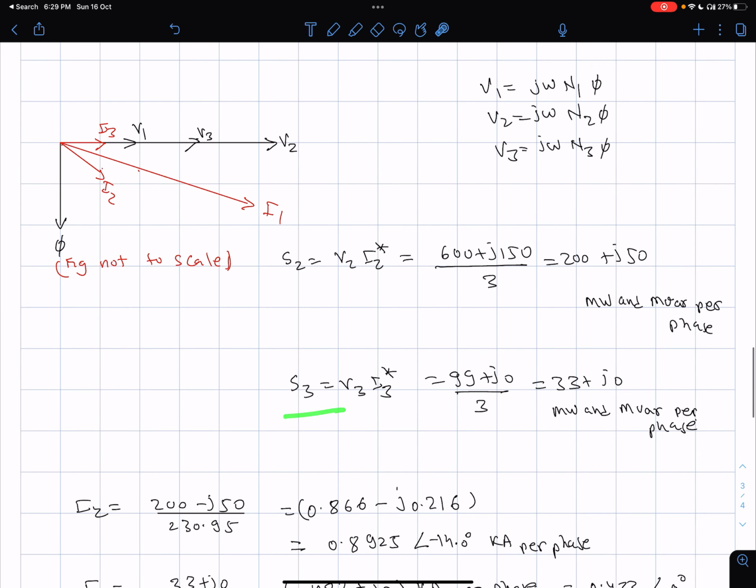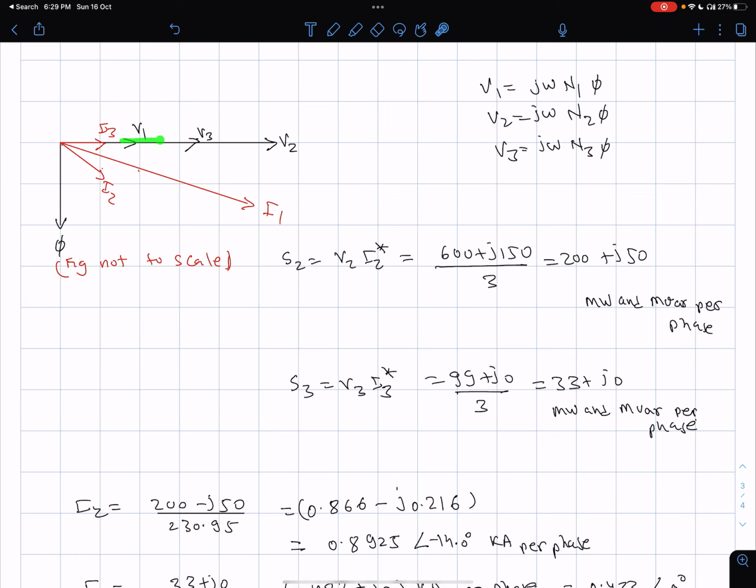So now what should you do? You just take the complex conjugate of this equation. So you will get V2 star I2 is equal to 200 minus J50, but then divide this whole thing by V2.